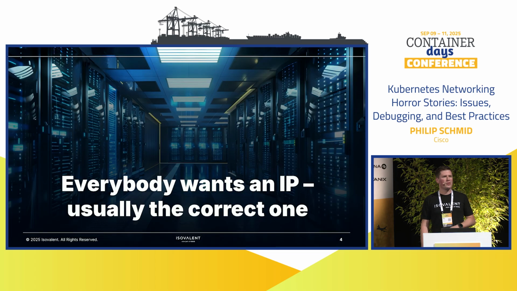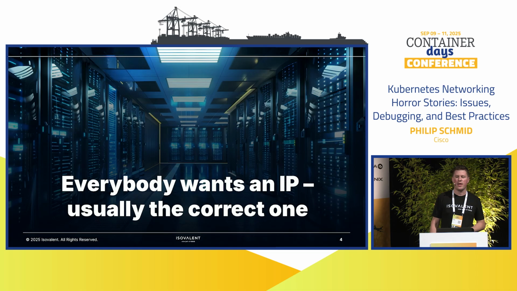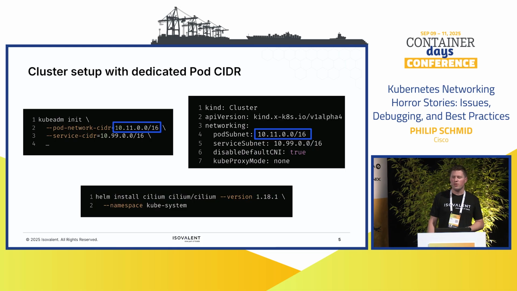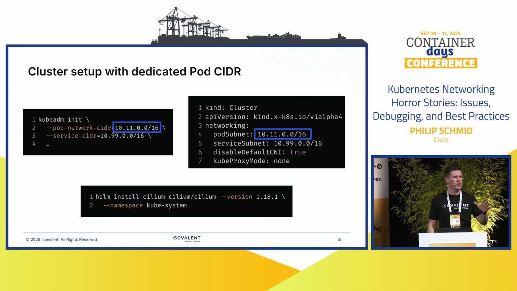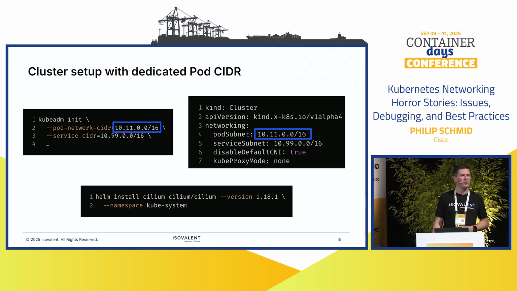Let's talk about the first story, which I called Everyone Wants an IP, and usually also the correct one. Now, what do I mean by that? Let's assume you set up a Kubernetes cluster. It doesn't even matter too much which Kubernetes flavor you choose.